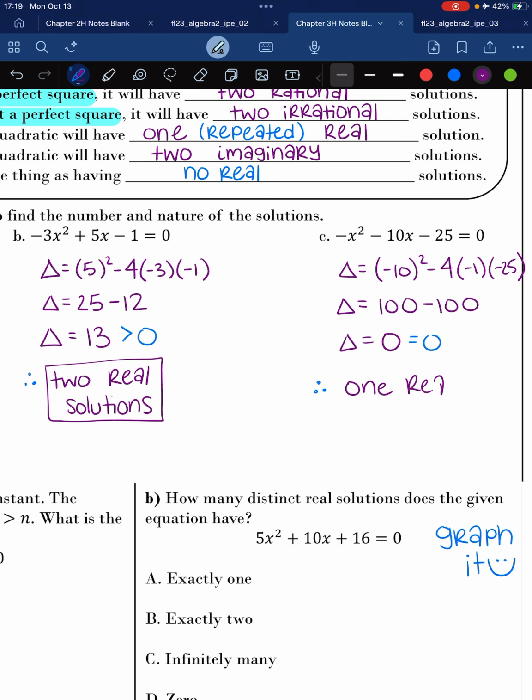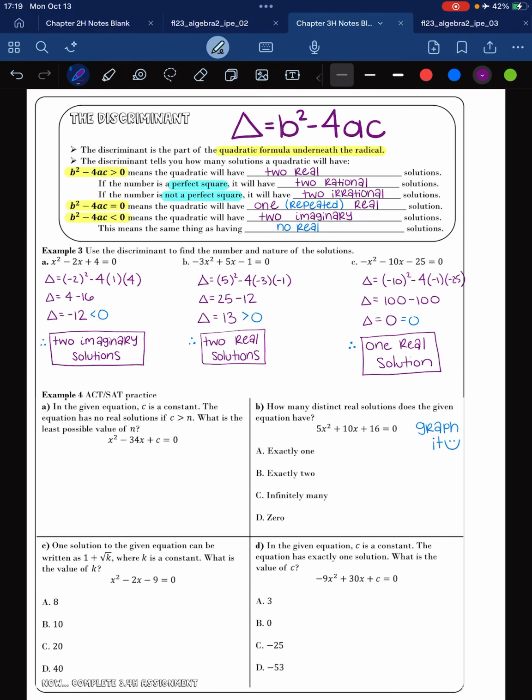Therefore, we have one repeated real solution. And some people will word that as 2 repeated real solutions, right? Because it's the same solution twice. That's how it's repeated. But regardless, you know what they mean.